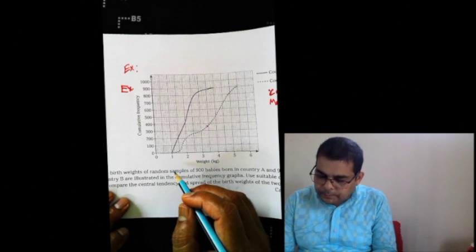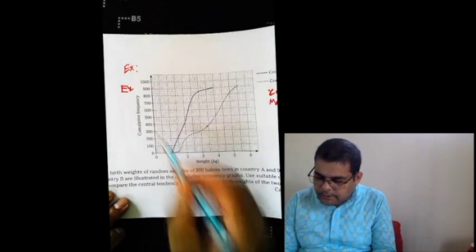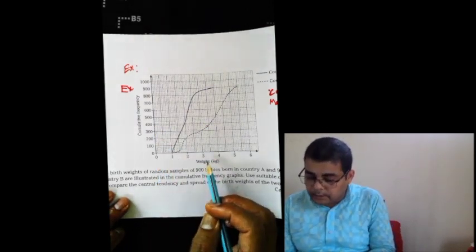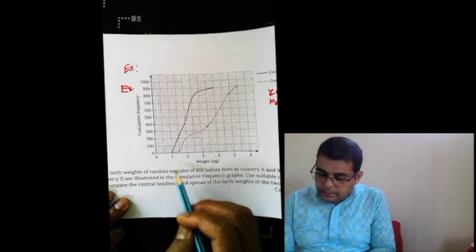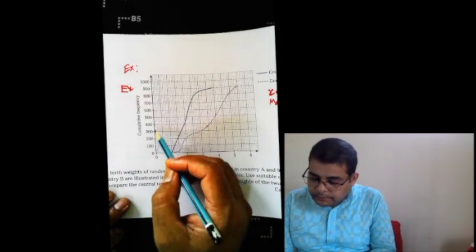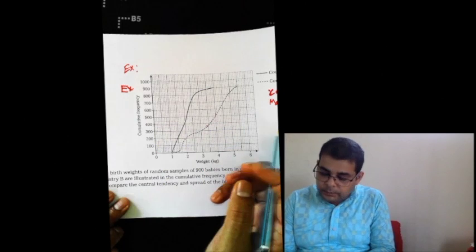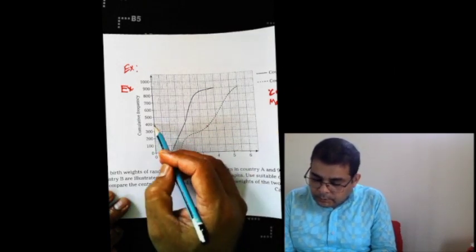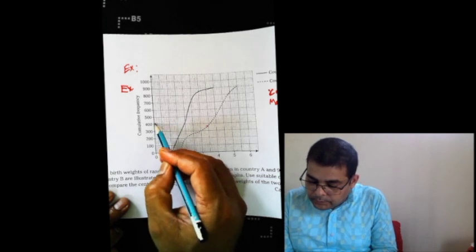So that is 450, and you have to understand the scale first of all, how it is used here. So 450 is somewhere in between 400 and 500. So 1 2, 1 2 3 4 5.